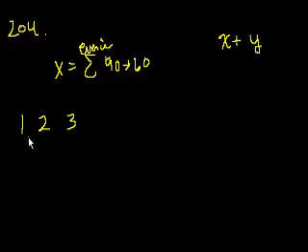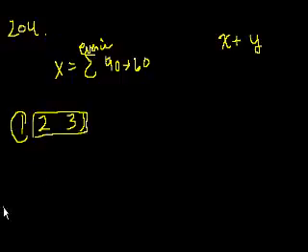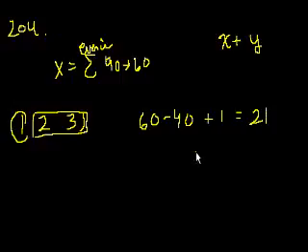But if you wanted a quick way of saying it, you could take the end point minus the starting point, 3 minus 1, and then add 1. So for 60 and 40, I would say 60 minus 40, and then I have to add 1 because we're including 40 as well. So y is equal to 21.